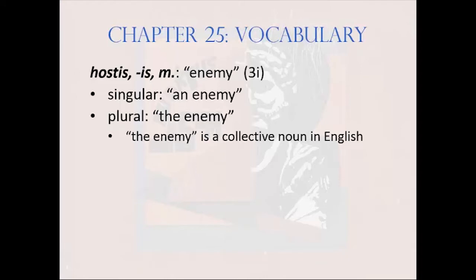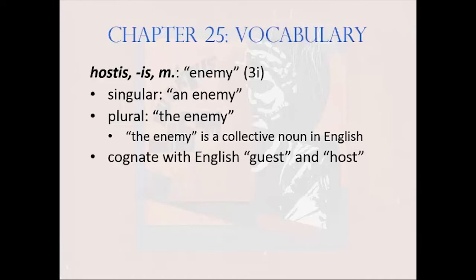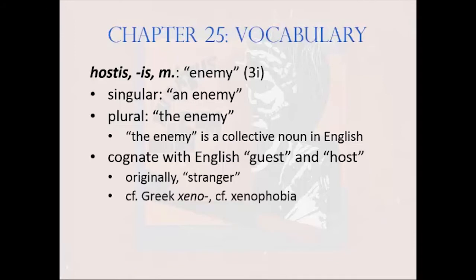That is, it's grammatically singular, but it refers to a group of individuals, like class or troop. Etymologically, hostis is related to English guest or host, both stemming from a sense of stranger. Also related is the Greek base xeno, from which we get xenophobia, the fear of strangers.